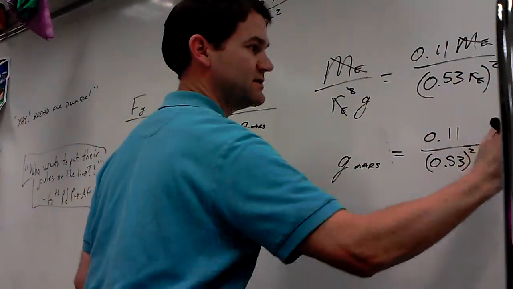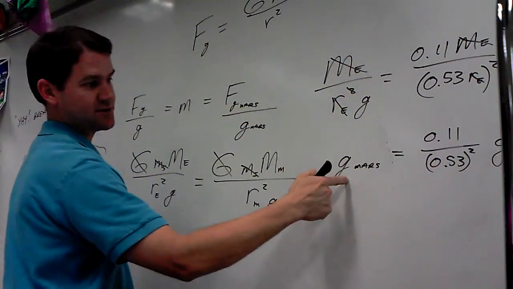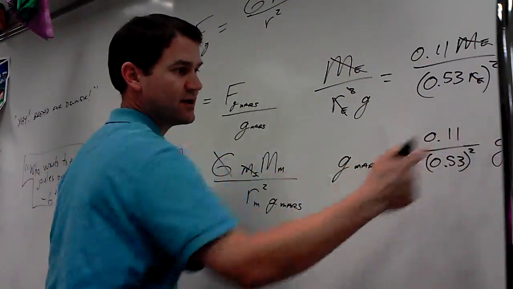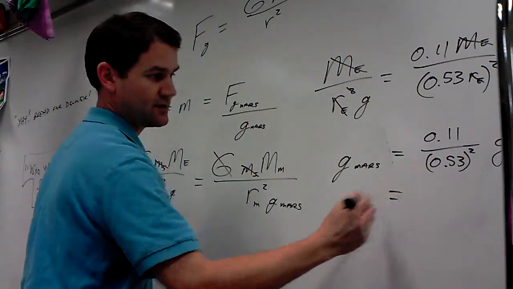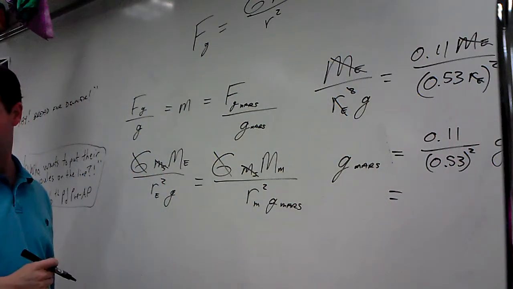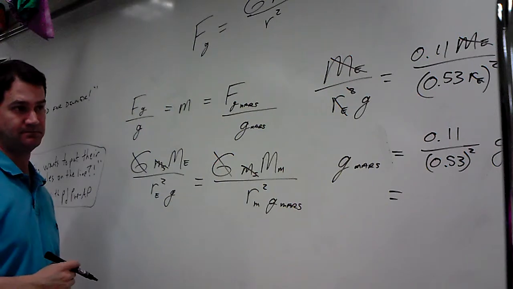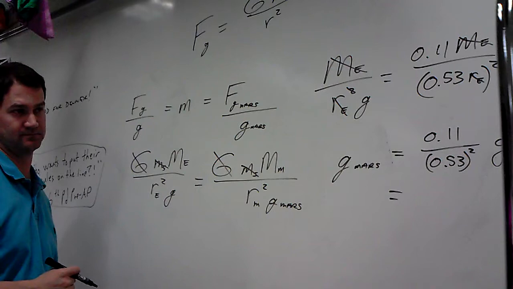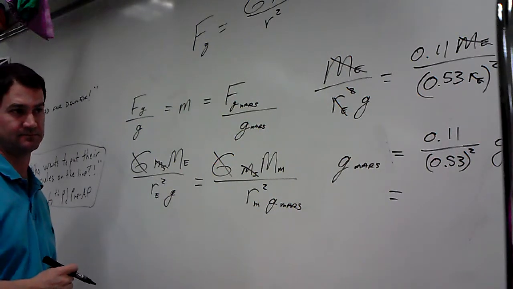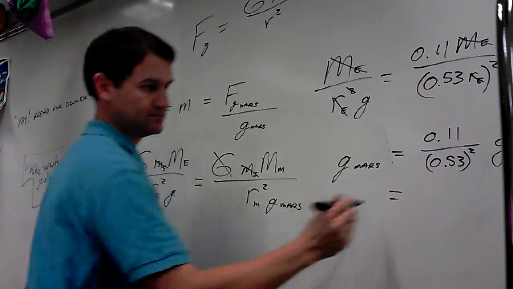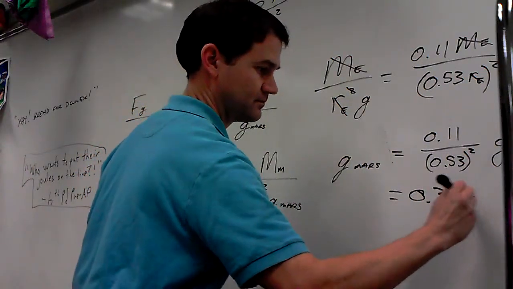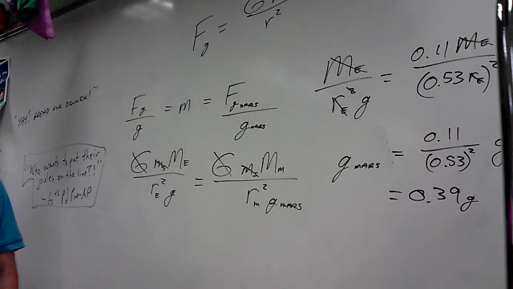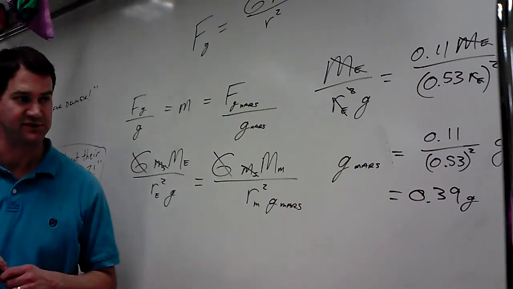Multiply both sides by g, and I get that the acceleration due to gravity on Mars is 0.11 over 0.53 squared g's. So what's 0.11 over 0.53 squared? So the acceleration due to gravity on Mars is 0.39 g's.